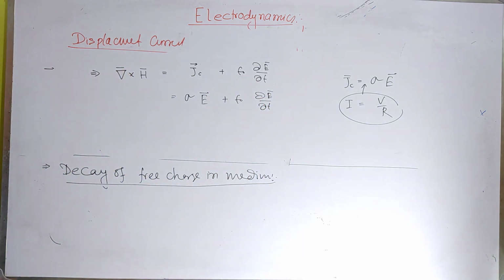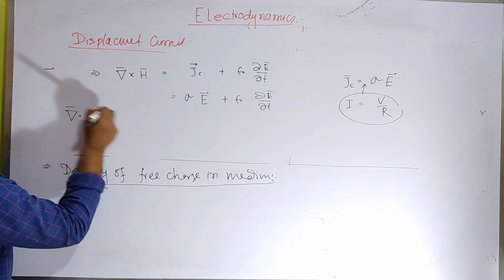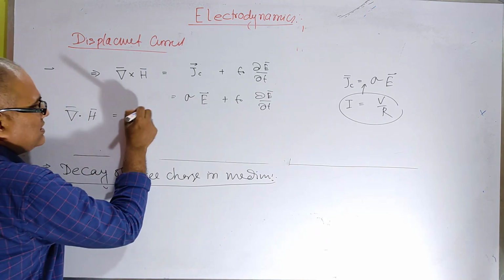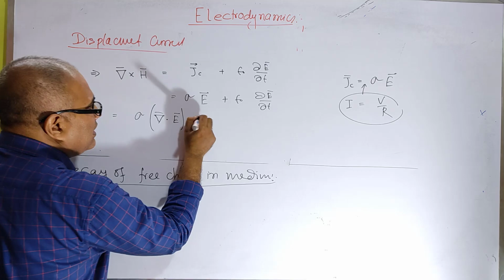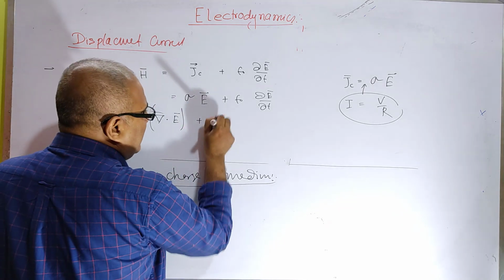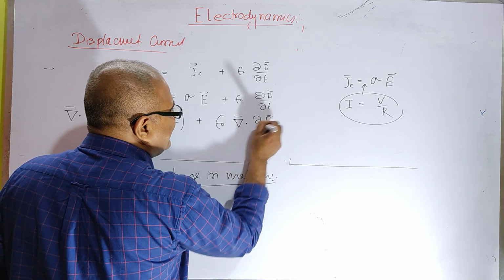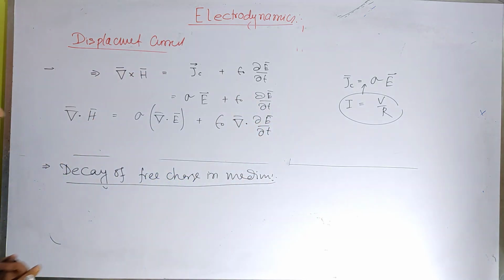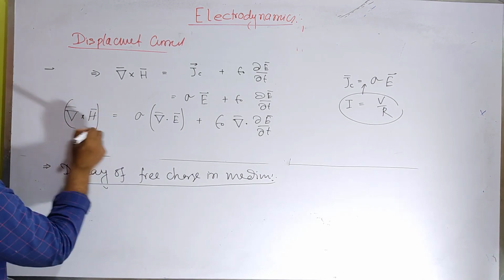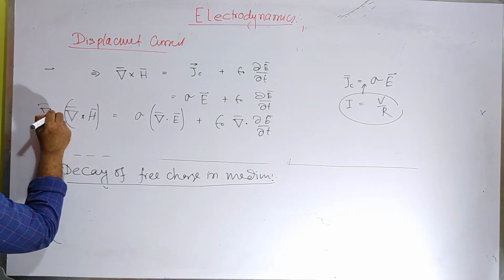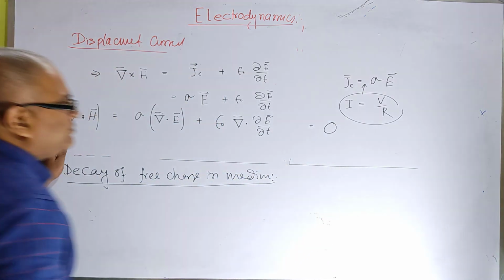Now again we take the divergence on both sides, that is sigma divergence of E plus epsilon naught divergence of del E del T. So basically what should be the result here? That must be equal to 0 here.